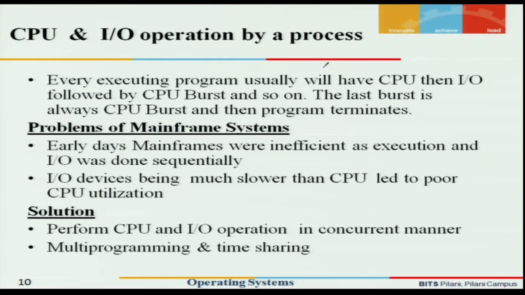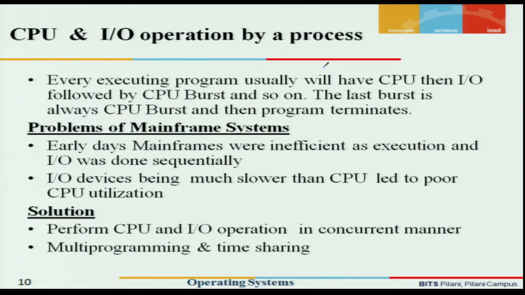Second problem: I/O devices, being many times mechanical devices, are much slower than the CPU. As a consequence, let us say the CPU can execute 1 million instructions in a second, but to execute those it requires 2 megabytes of data, whereas the I/O device can provide only 1 megabyte of data in 1 second.